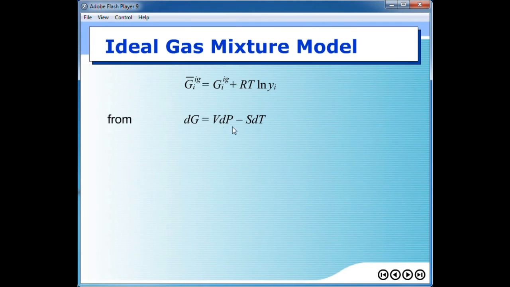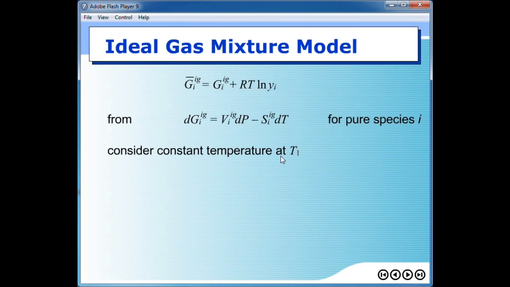Now, this is the fundamental relation that shows the relationship between G, V, P and T. If I write it down for a pure species of ideal gas, everything would be properties of the ideal gas pure species. I consider this equation at the state where the temperature is constant at T1.